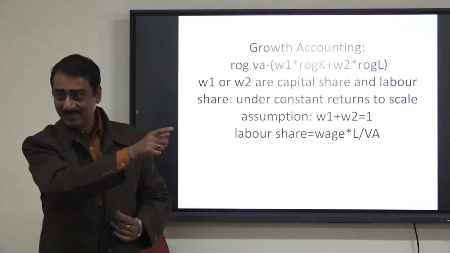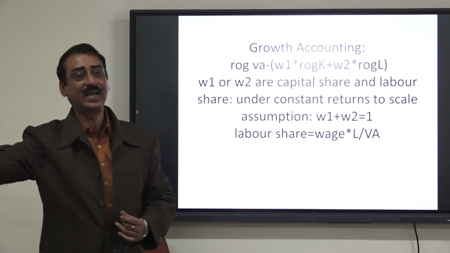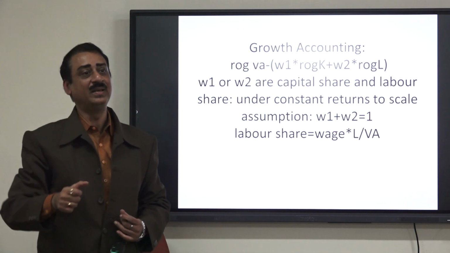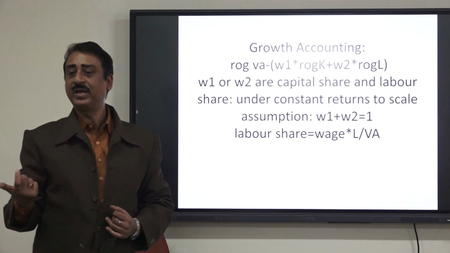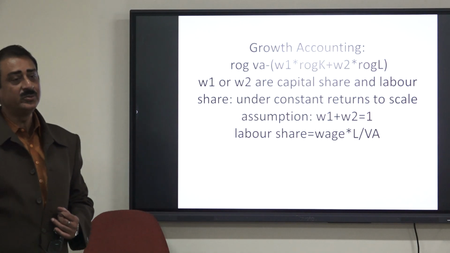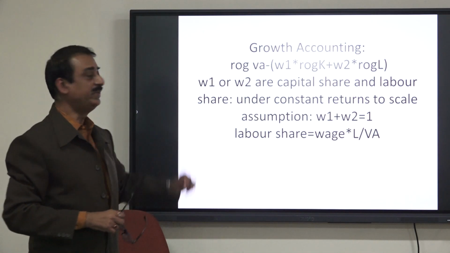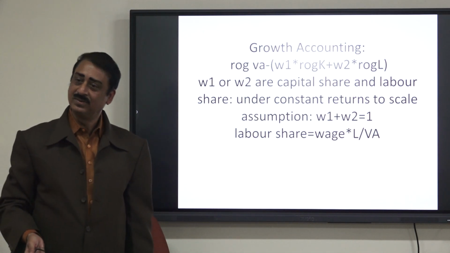So if you divide both sides by value added, on the right hand side you get 1, and on the left hand side you have the share of labor and share of capital. So share of labor is easy to calculate. Once you do that, automatically 1 minus share of labor will be equal to the share of capital.